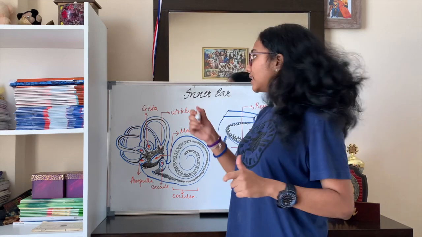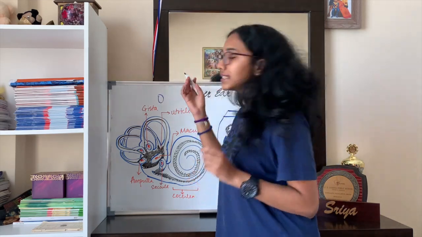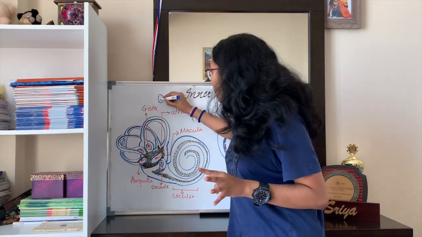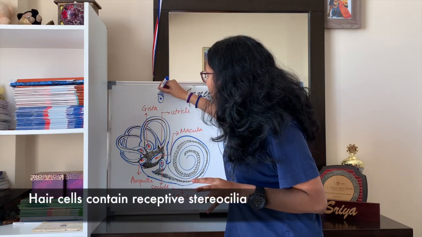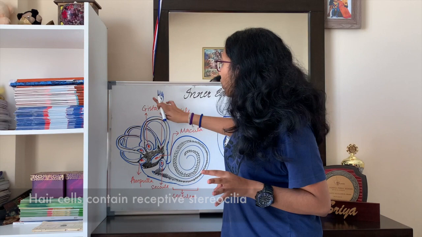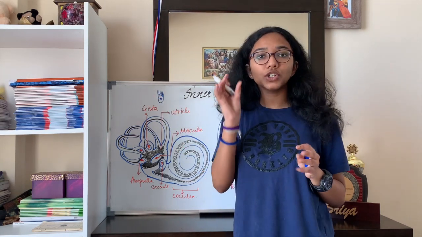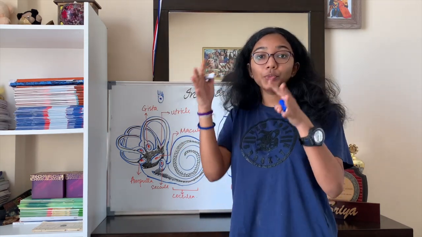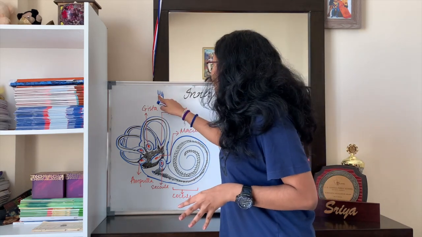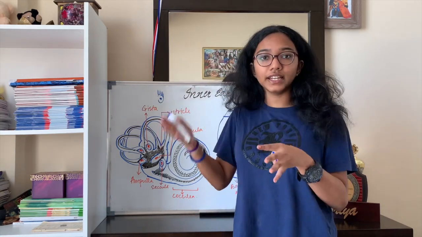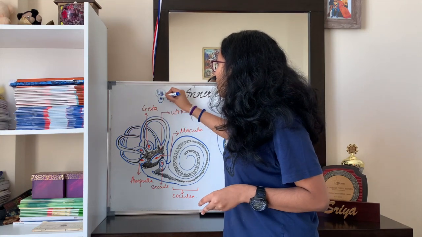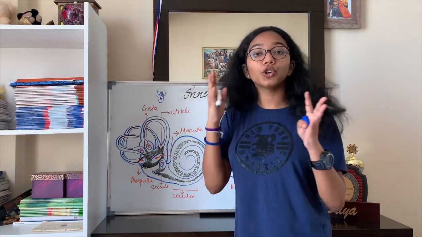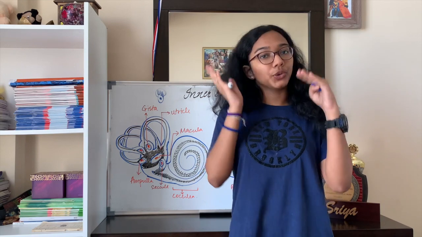Now, hair cells are basically sensory cells, which sense motion, and they have stereocilia on them. Stereocilia are kind of non-cellular appendages present on particular cells, which move on their own without the cell itself moving. So what happens is, there is a motion in the endolymph when we tilt our head towards the right.